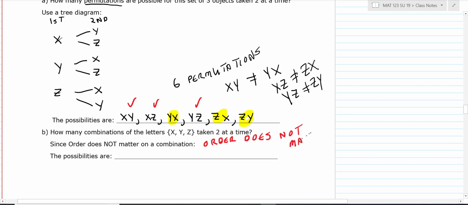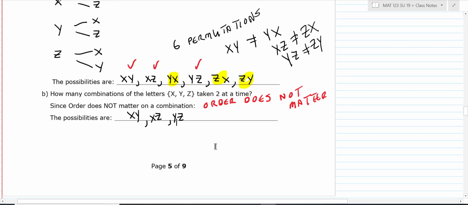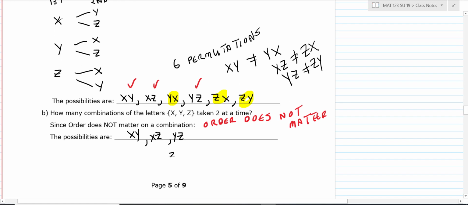So there's a smaller number of possibilities; we'd be left with just XY, XZ, or YZ. We wouldn't count AB, BA as a different possibility. So what we end up getting is 3 combinations. And that's how that goes.